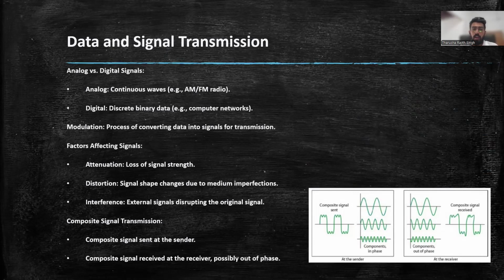Analog signals are continuous waves that vary in amplitude, frequency, or phase. Examples include AM, FM radio, and traditional telephone systems.